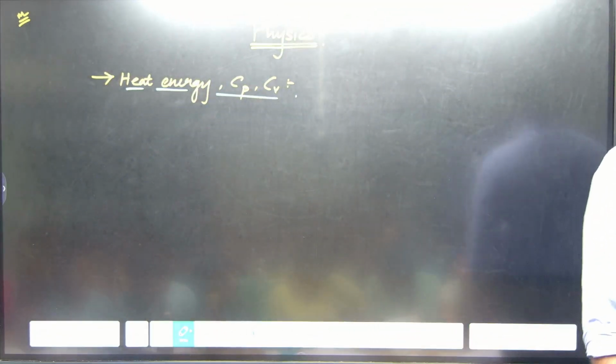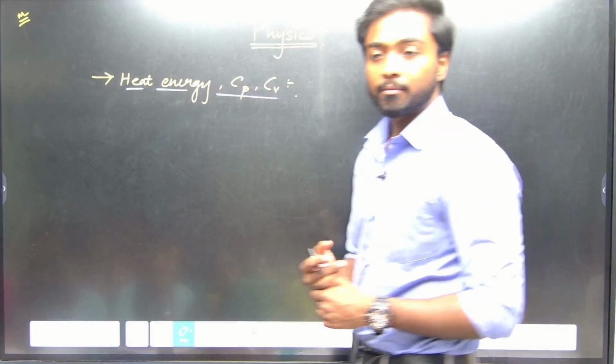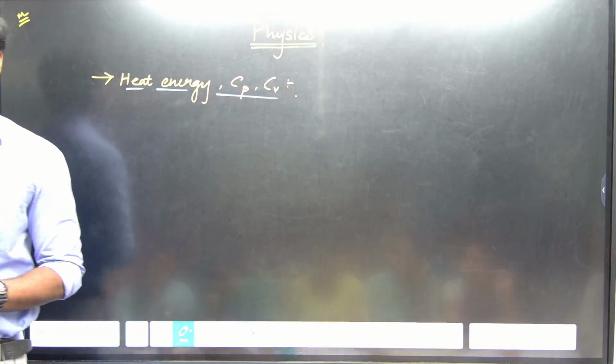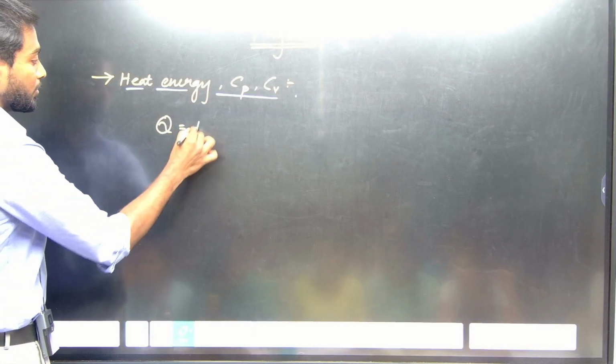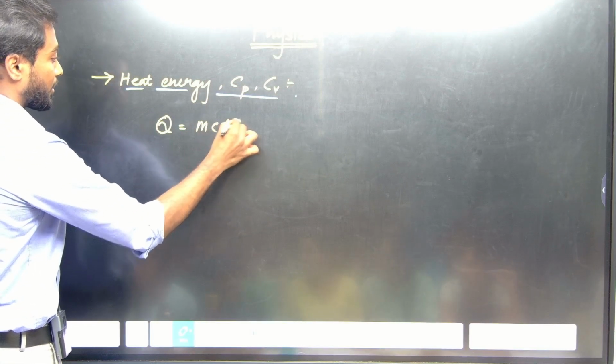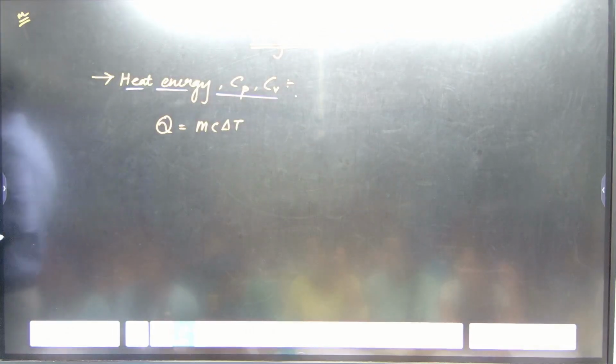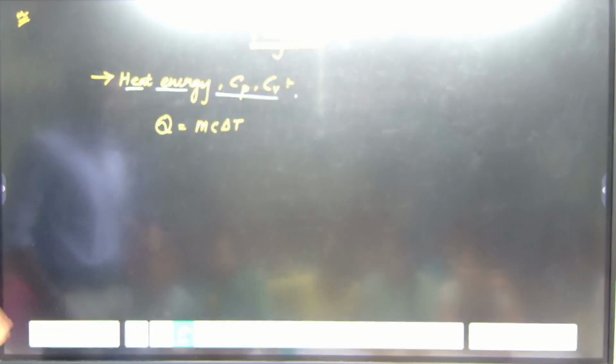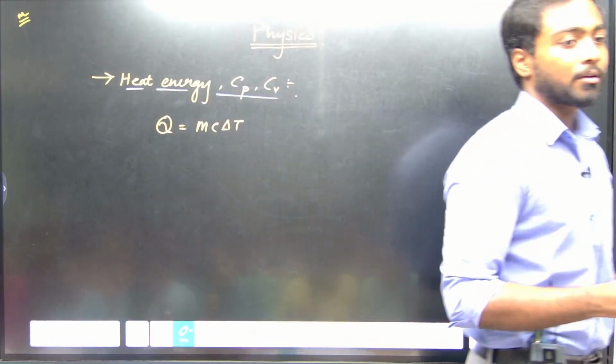Okay, listen. What was the formula we learned in heat energy, the thermal properties of matter? Q is equal to ms or mc delta T. So Q is equal to mc delta T. In this chapter we are talking about thermodynamics, about gas.